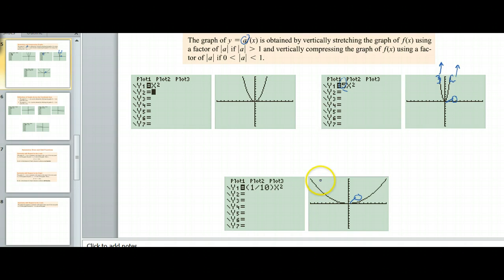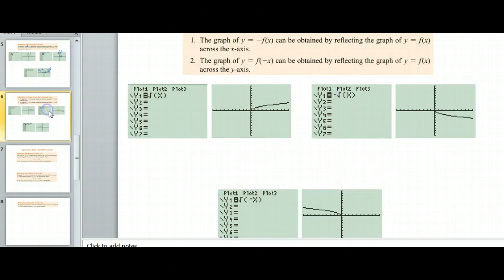And this time, I'm taking the graph with my hand and I'm pressing it downward. I'm compressing it vertically, meaning I'm pushing it down towards the x-axis. Okay, so that's what we mean by vertical stretch or compression, but really it's just whatever number you're multiplying it by. If that number is bigger than 1, then it pulls it up vertically. If it's between 0 and 1, it pulls it down towards the x-axis vertically.